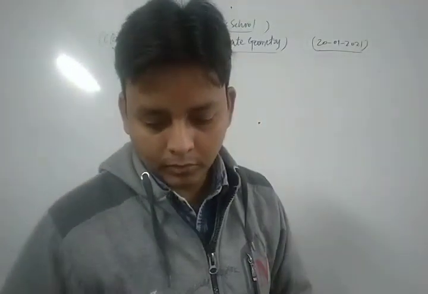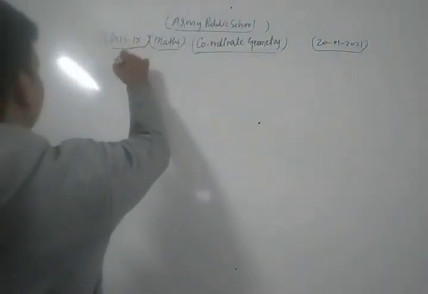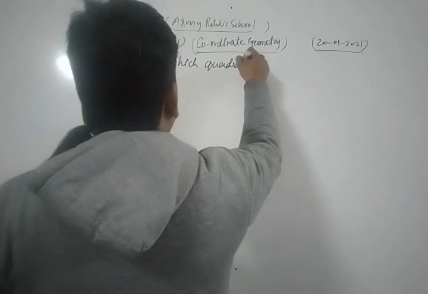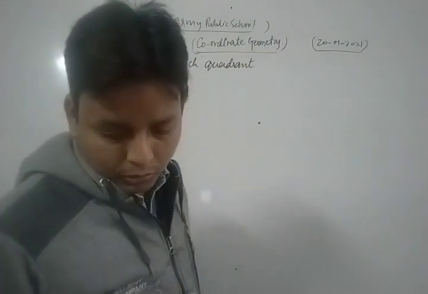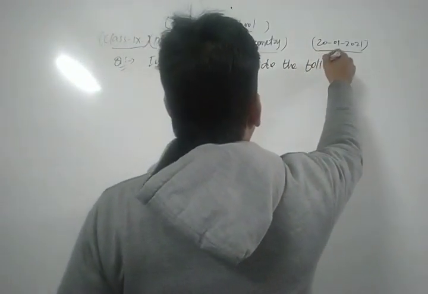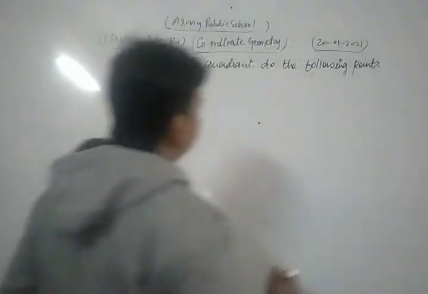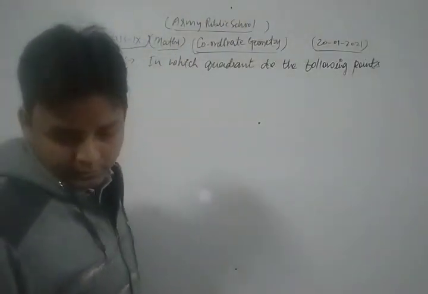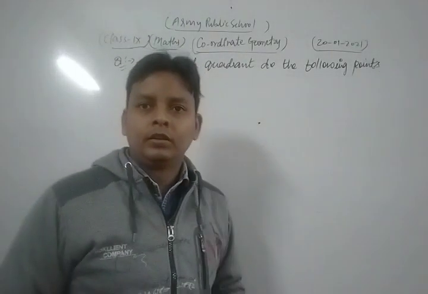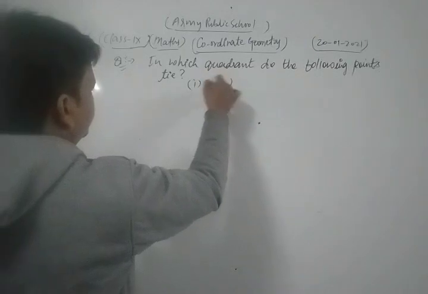Let's see the question. If we take the first type of question: in which quadrant do the following points lie? The first is 4, 2.